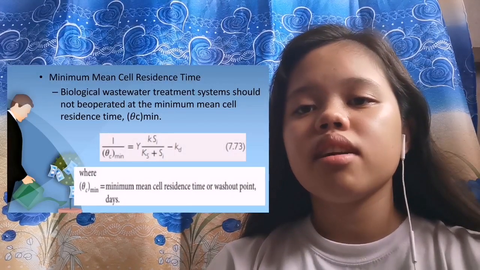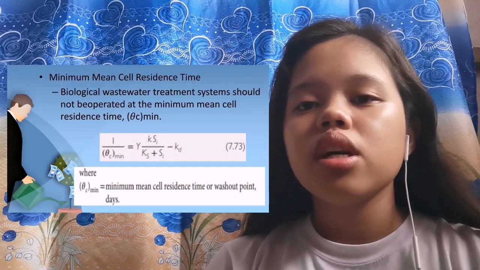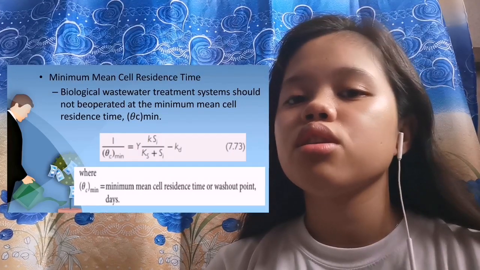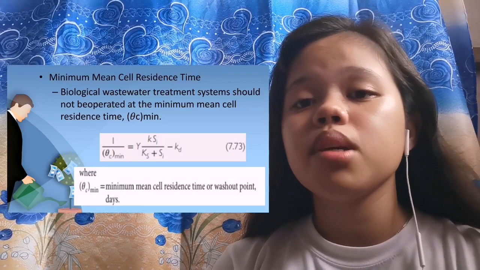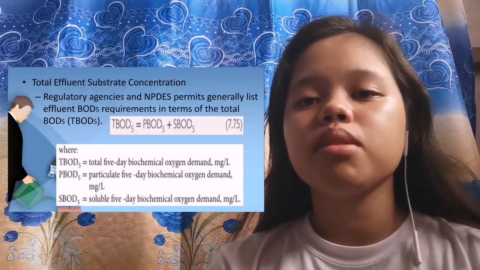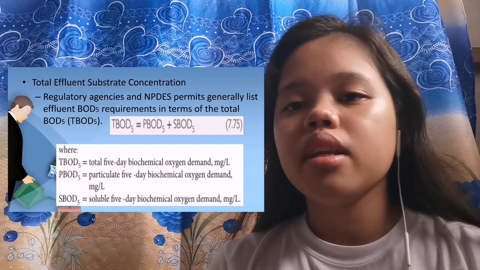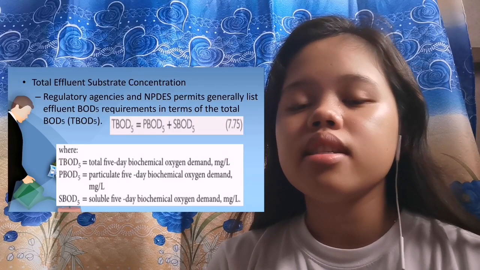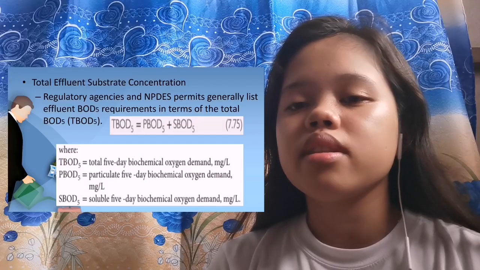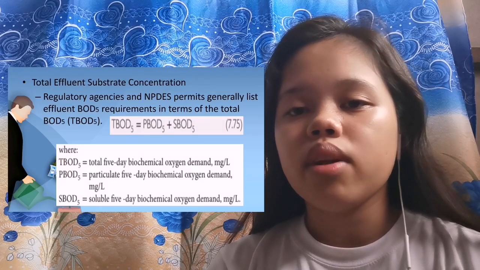Minimum mean cell residence time. Biological wastewater treatment systems should not be operated at the minimum mean cell residence time. Total effluent substrate concentration. Regulatory agencies and NPDES permits generally list effluent BOD5 requirements in terms of the total BOD5.